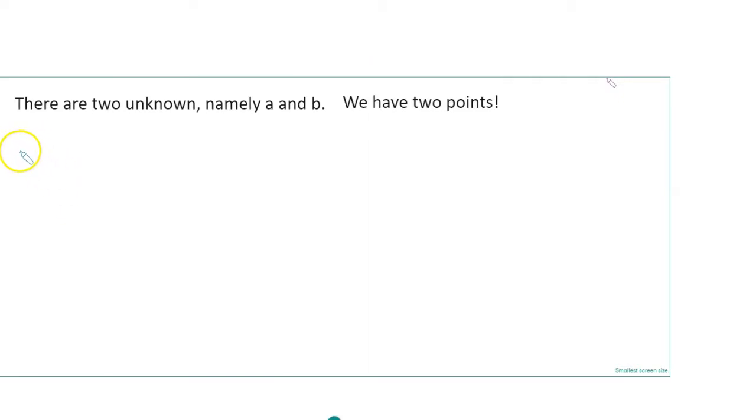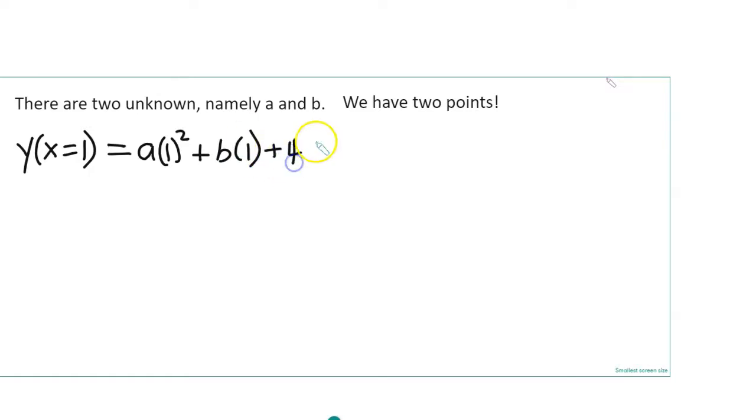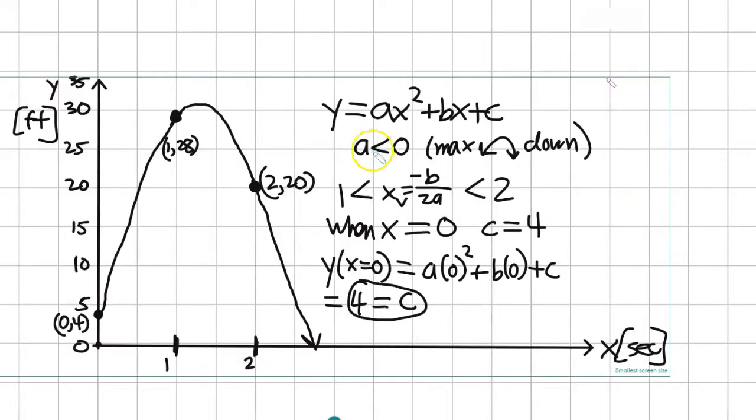So let's do y at x equals 1. We've got a times 1 squared plus b times 1 plus 4, and that should equal 28. Because notice, that's just using a parabola and putting in this point.